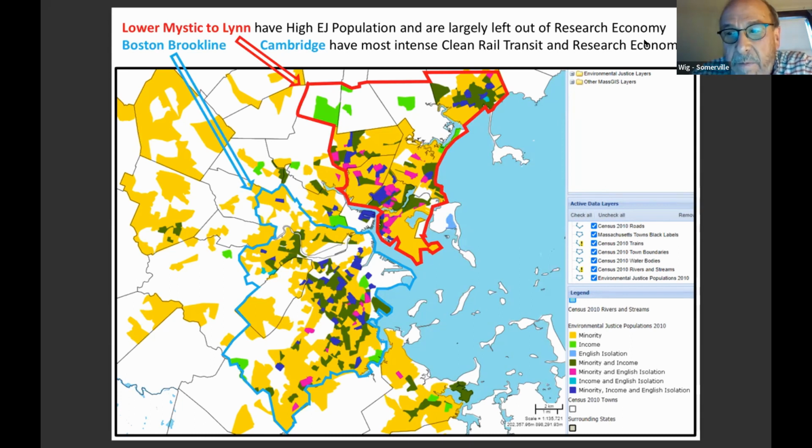And that hurts everybody because they're providing a lot of the blue collar workers, they're providing a lot of nurses, they are providing the trucking and distribution business to some extent with the Chelsea market and other places in Everett and Revere. But so that's the purpose of this slide. Next slide.